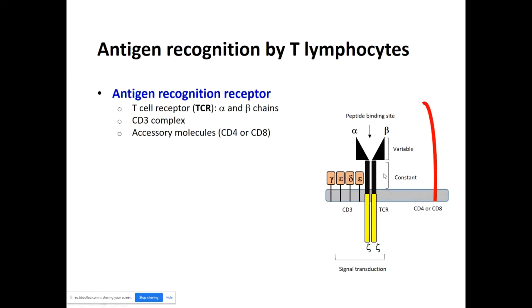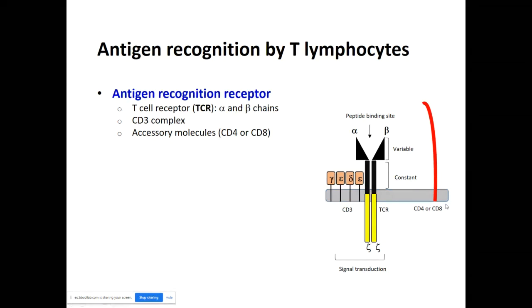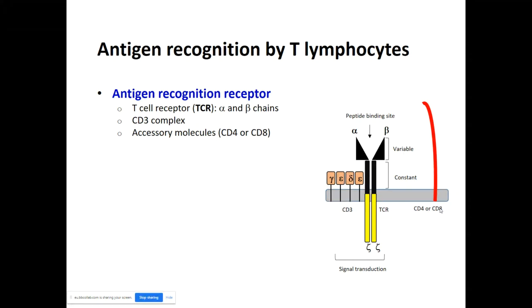That's why CD4 positive T cells can only be activated when the MHC class 2 protein are presenting the peptide. Similarly, T cells can be CD8 positive and can recognize only peptide presented by MHC class 1 because the CD8 molecule only recognizes the MHC class 1. So you see how specific it is, okay?